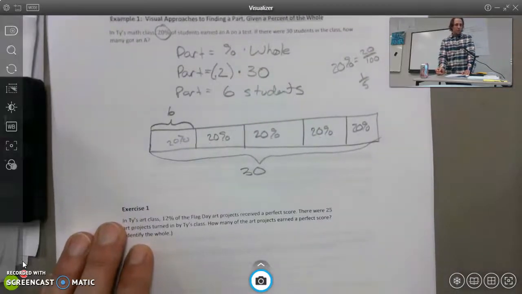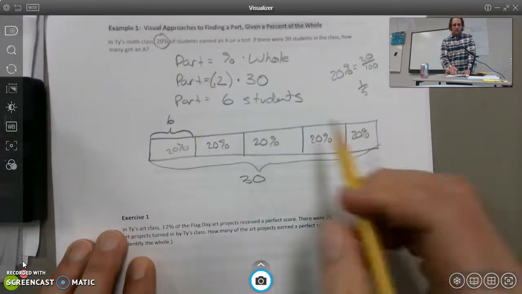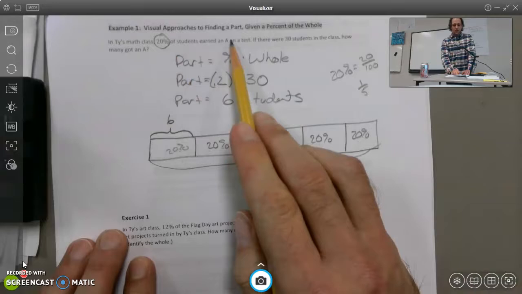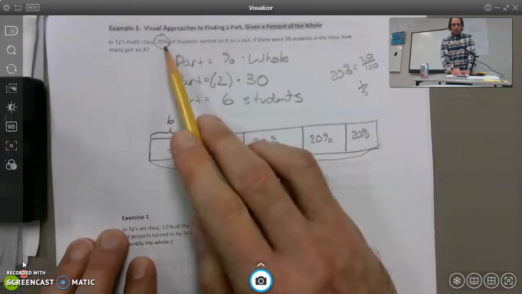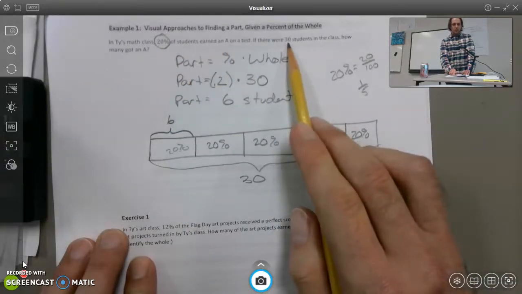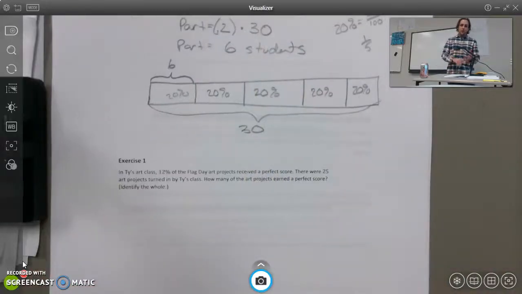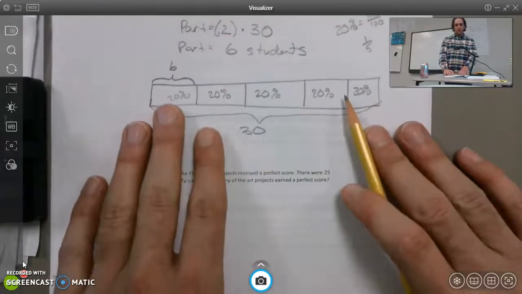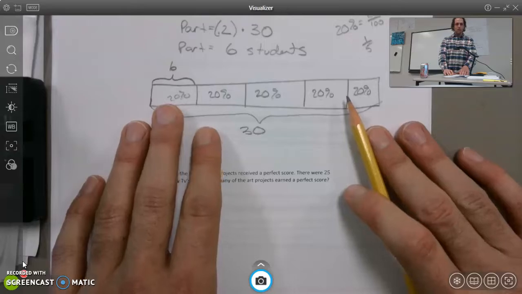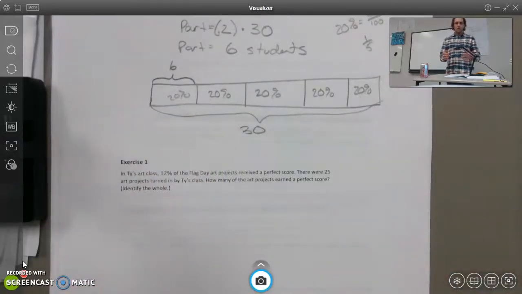So this question is really asking, if 20% of the students got an A, that's 1/5 of 30, or 30 divided by 5, which is 6. So you see all of that, fraction, decimal, percent, visually in this model. Hopefully you're able to connect between the fraction, decimal, and percent pieces here.